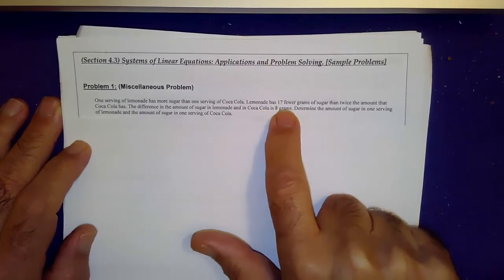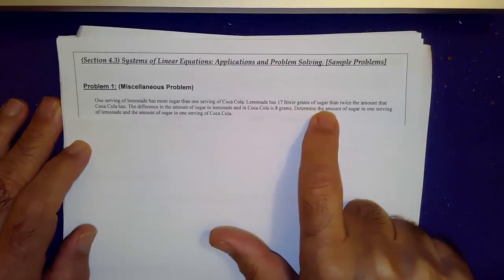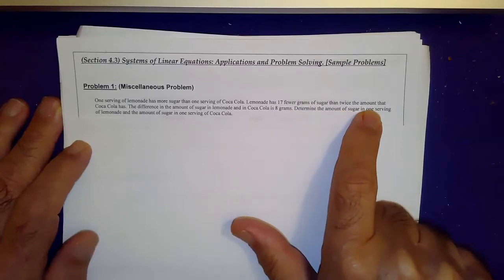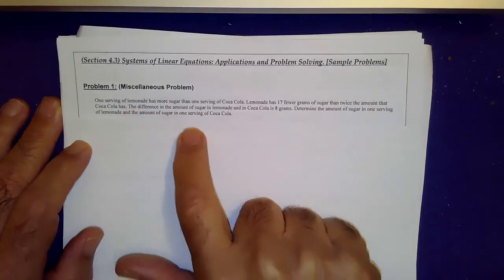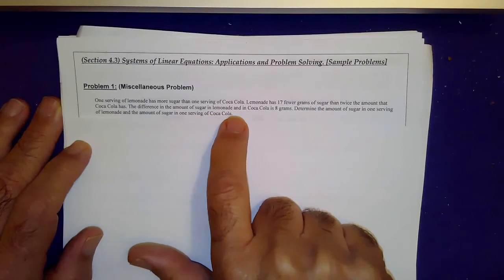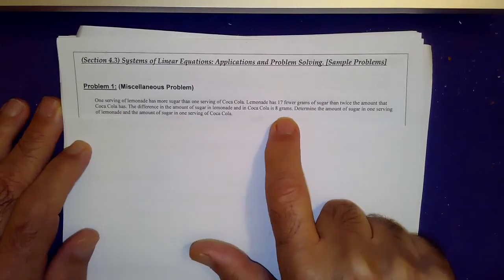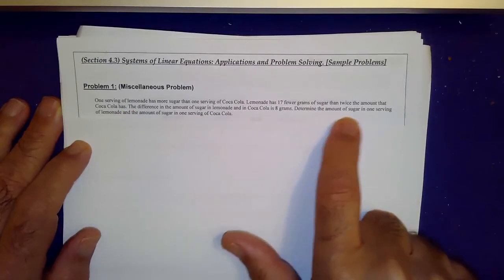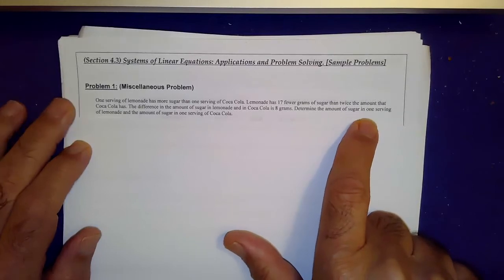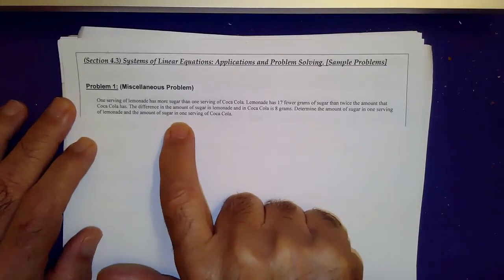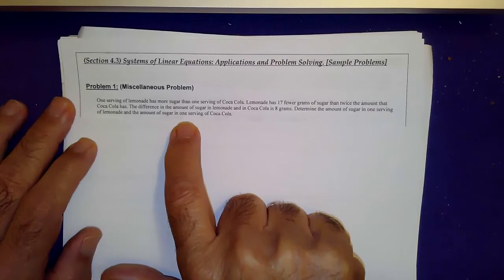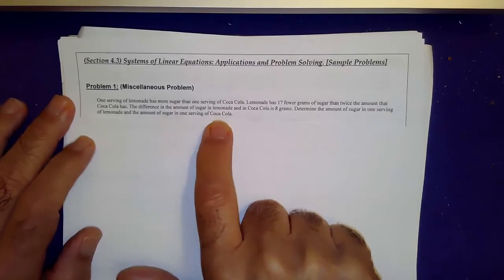So lemonade has 17 fewer grams of sugar than twice the amount of the Coca-Cola. The difference in the amount of sugar in lemonade and Coke is 8 grams. Determine the amount of sugar in one serving of lemonade and in one serving of Coca-Cola.